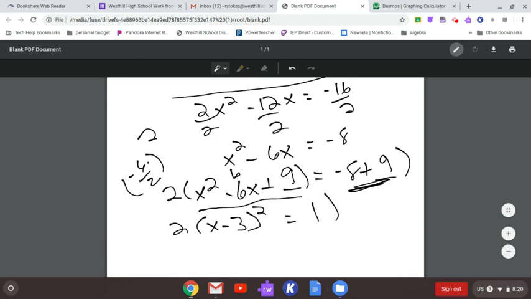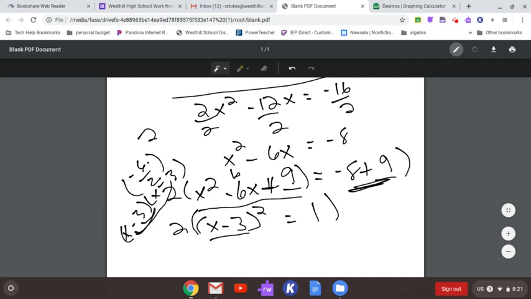And we still have that 2 covering everything outside. The reason this is x minus 3 is that if we go back and FOIL x minus 3 times x minus 3, we get x squared, negative 3x, and then another negative 3x. That gives us our negative 6x, and negative 3 times negative 3 is positive 9.